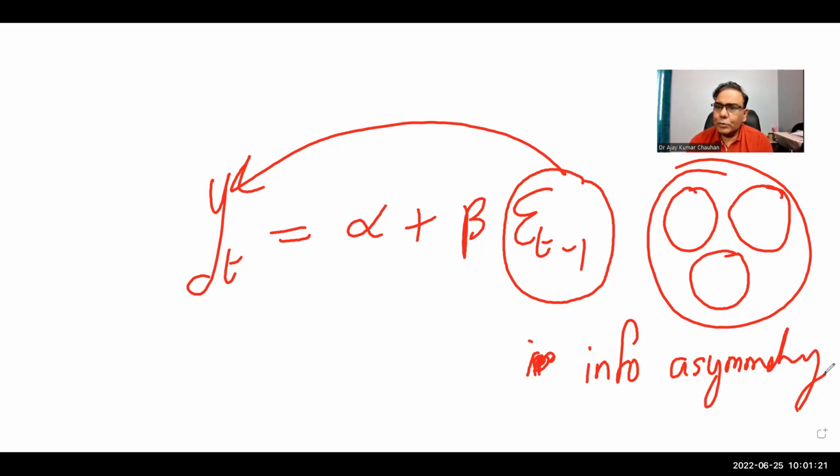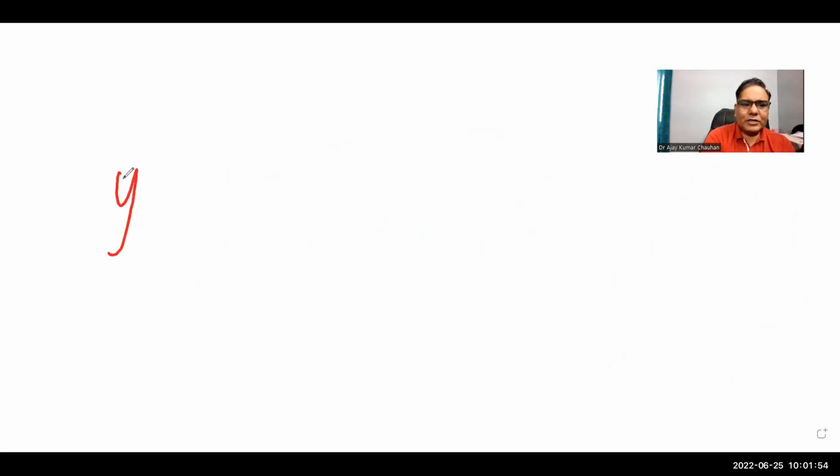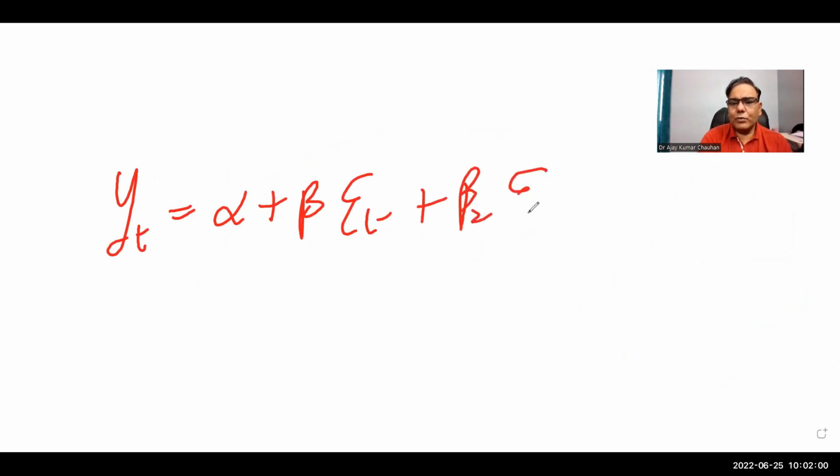So because of this information asymmetry, some investors who are well informed react quickly, and some investors who get the information late will respond after 2 days, 3 days, 4 days. So we believe that the response from the investors comes in sequence. That's why we make this equation: Yt is equal to Et plus beta 2 Et minus 1 plus beta 3 Et minus 2 plus beta 4 Et minus 3.